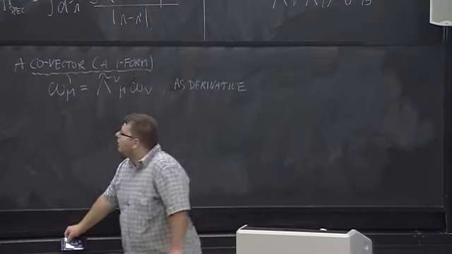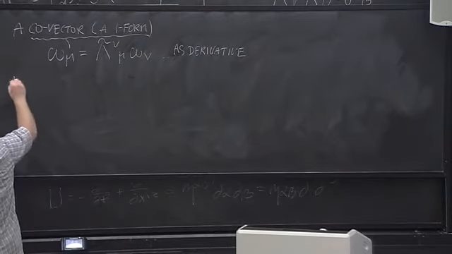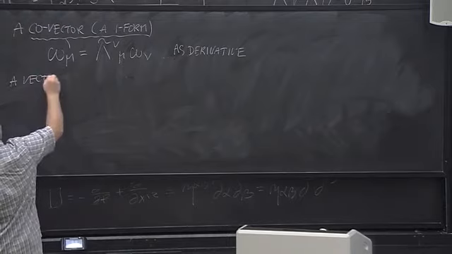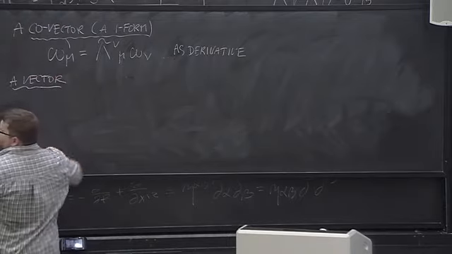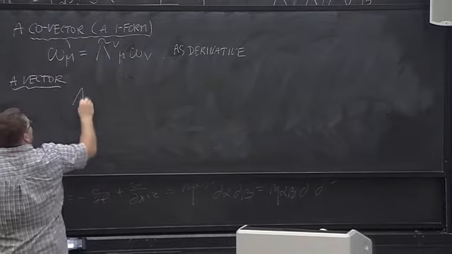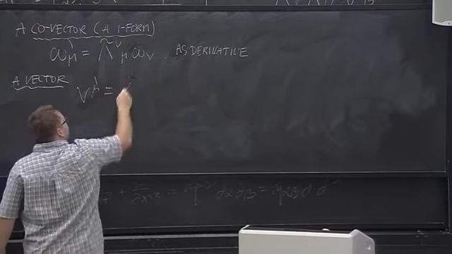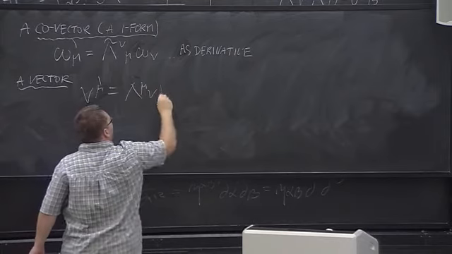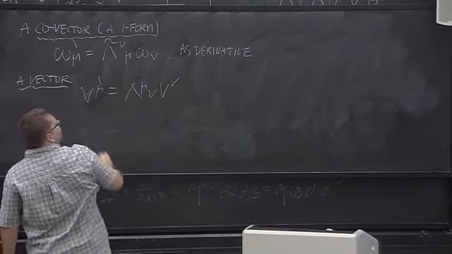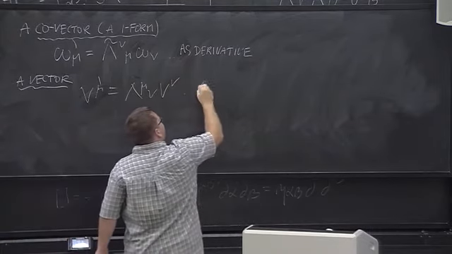And you call an object a vector if it transforms like the potential does. So V mu prime is lambda mu nu V nu, as potential.